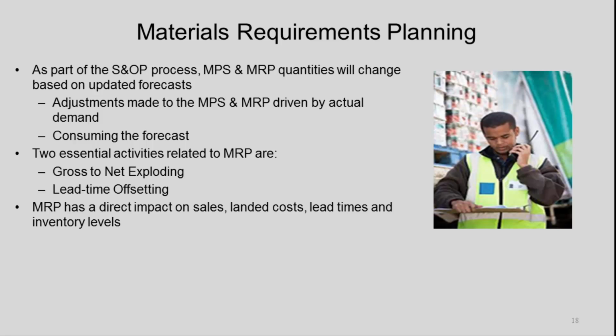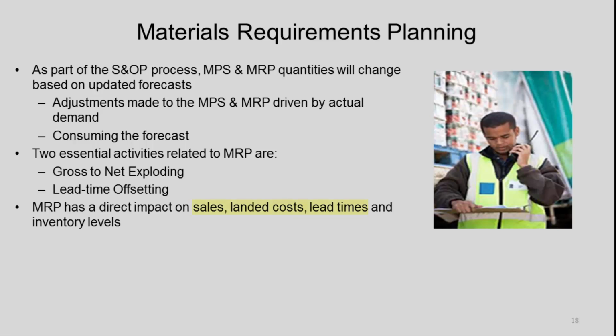I can't emphasize enough how important this is, because it's critical to MRP, but conceptually applicable in other areas. Gross to net exploding and lead time offsetting. We're going to define them in detail in just a moment.